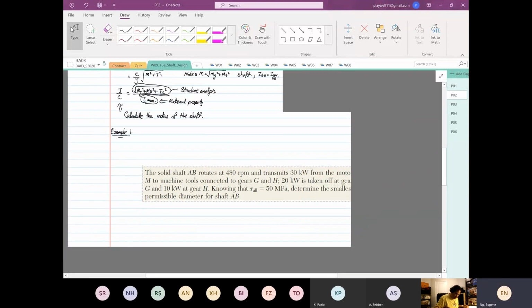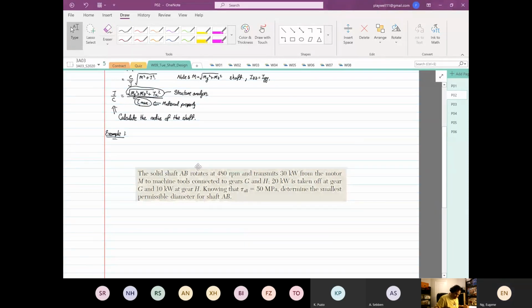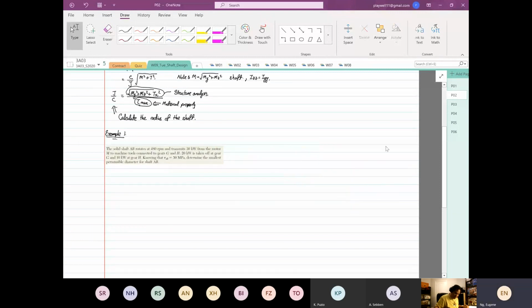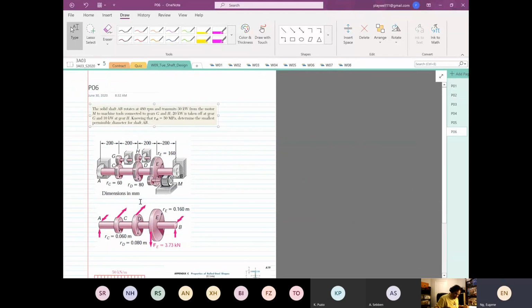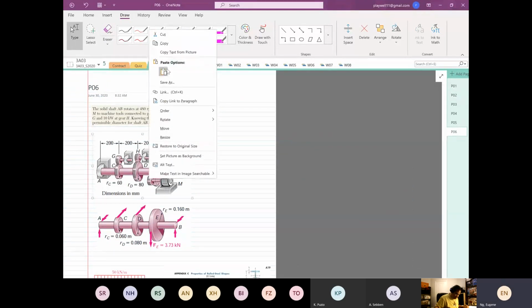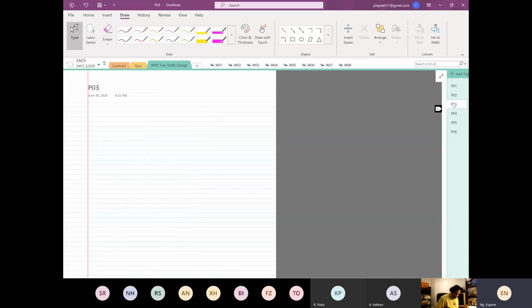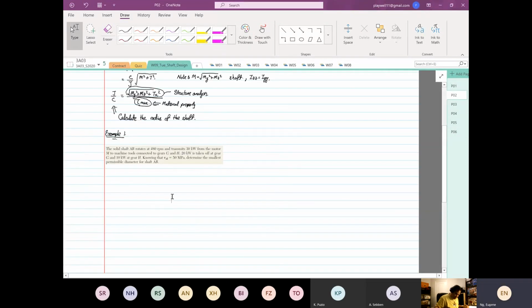There is a lot of information needed to design a shaft.